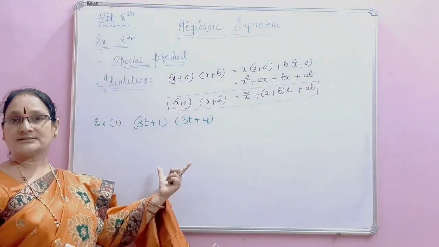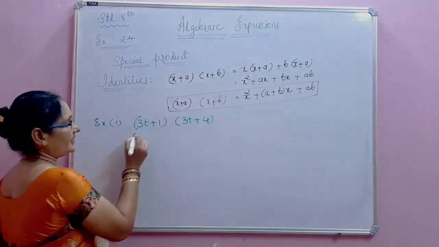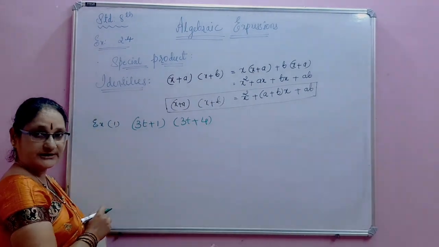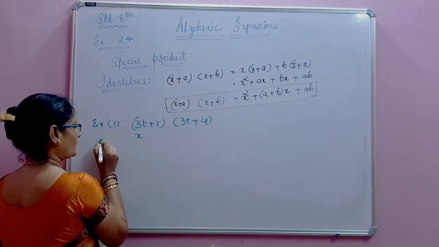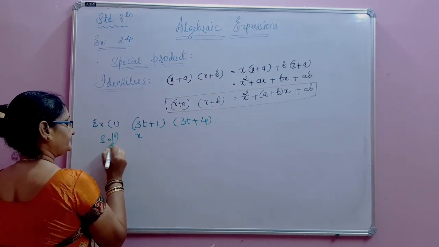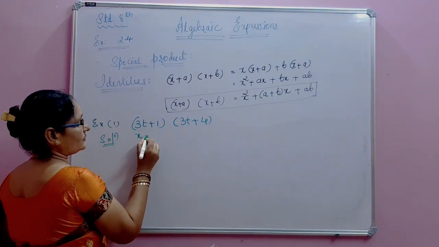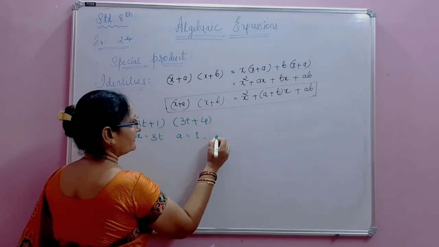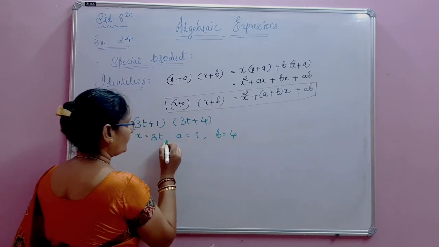Using the identity, solve this. How to do? See here. First we have to write what is x, what is a, what is b. That is important here. x is equal to 3t, a is equal to 1, b is equal to 4.